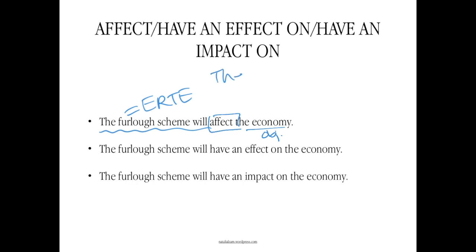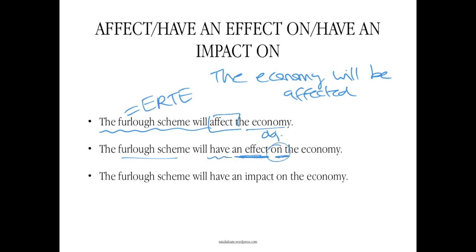Or if you want, the economy will be affected, with a nice passive sentence. Okay? You could also say that the furlough scheme will have an effect on the economy, will have an effect on something. Or the furlough scheme will have an impact on the economy.